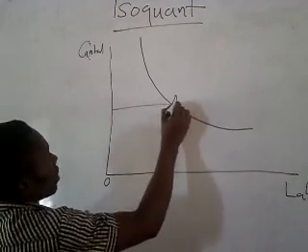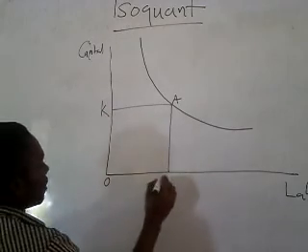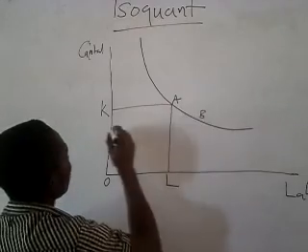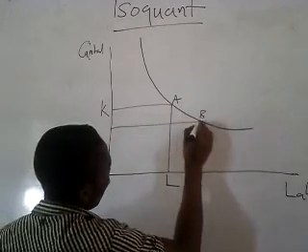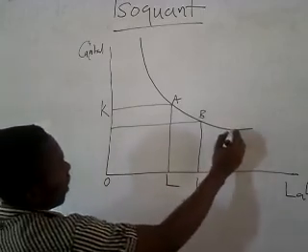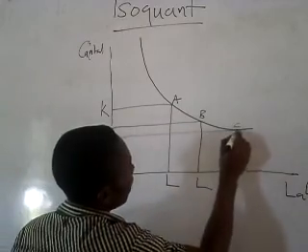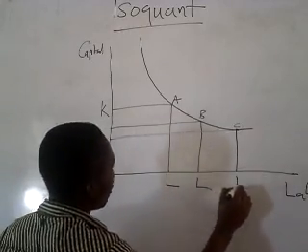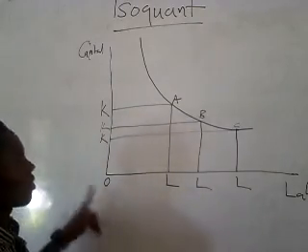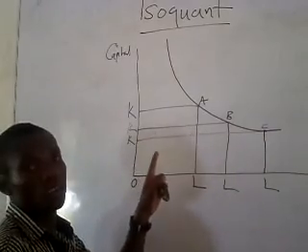If you want to produce at point A, we shall combine capital and then labor. If you want to produce at point B, you can decrease capital and then increase labor. If you want to produce at point C, you can further decrease capital and then increase labor. So this means that a firm must substitute one input in order to produce output.